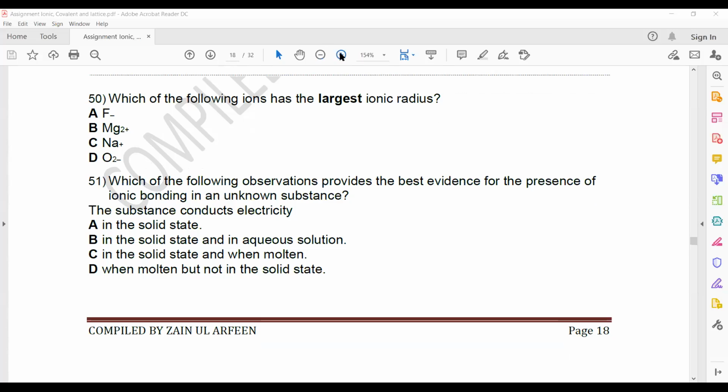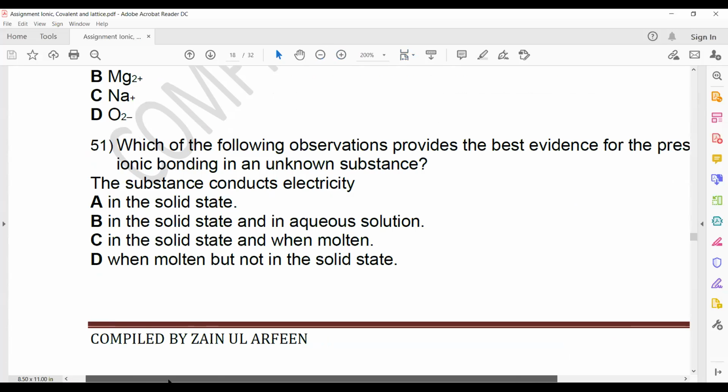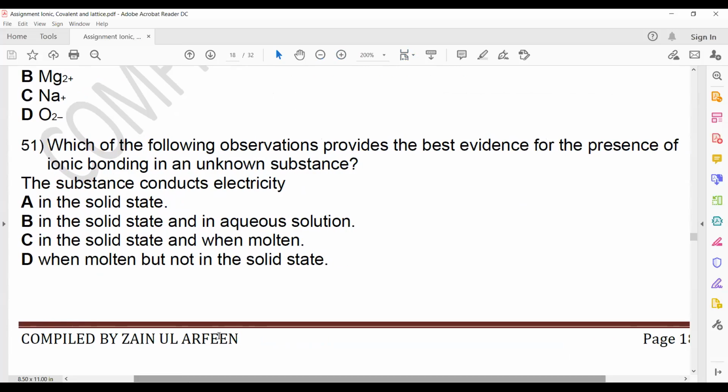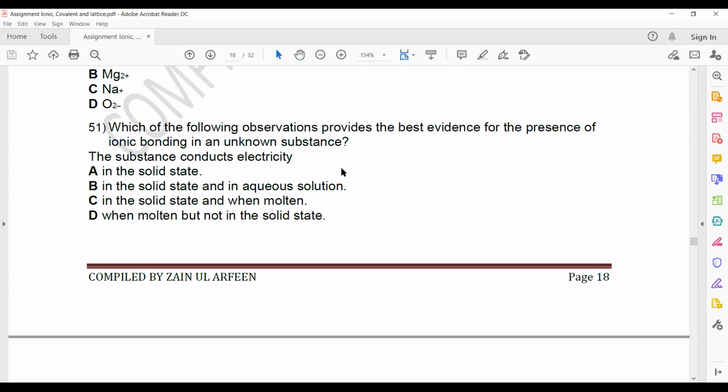Question 51. Which of the following observations provides the best evidence for the presence of ionic bonding in an unknown substance? Like, the best evidence that the substance is ionic.